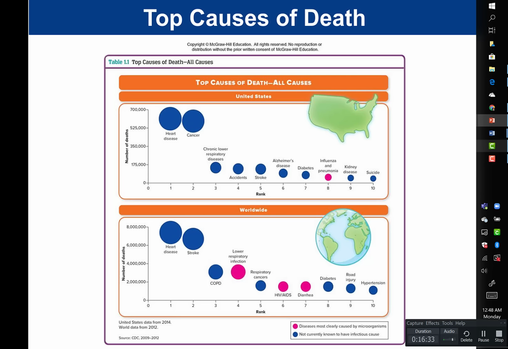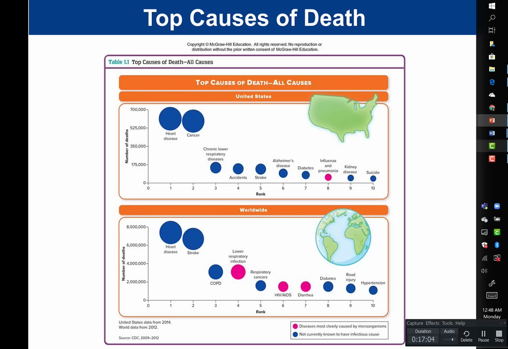It has more to do with diet, lifestyle, genetics, etc. The second leading cause of death would be cancer, followed by chronic lower respiratory diseases, so COPD, lung diseases, etc. Accidents would be number 4, stroke number 5, Alzheimer's disease number 6, and diabetes number 7, that was the one I just explained to you.